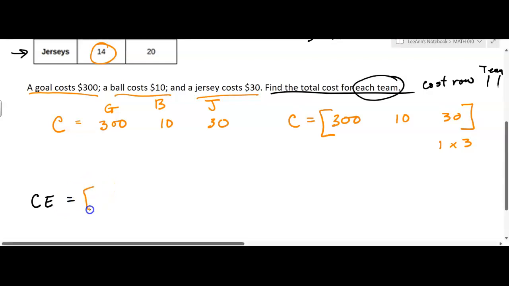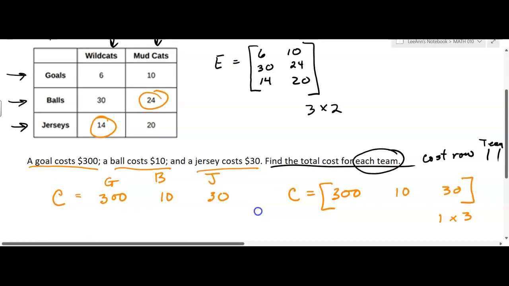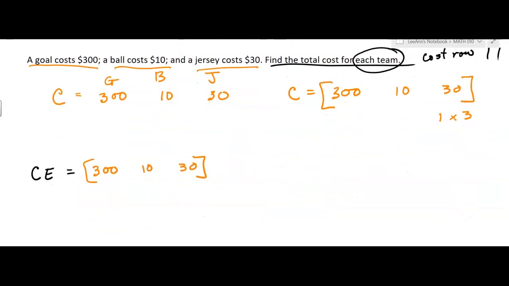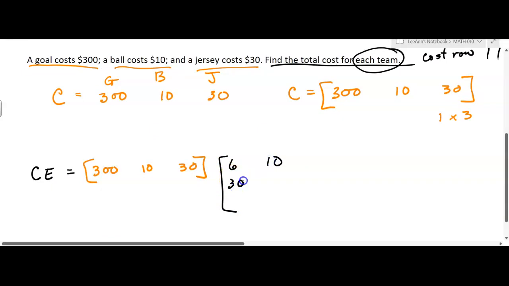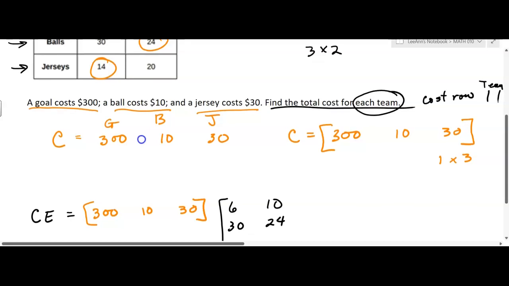That's the cost matrix, 300, 10, and 30, times the equipment matrix, which I might have to scroll up a little to remember: 6, 10, 30, 24, and what was the last row? 14, 20.